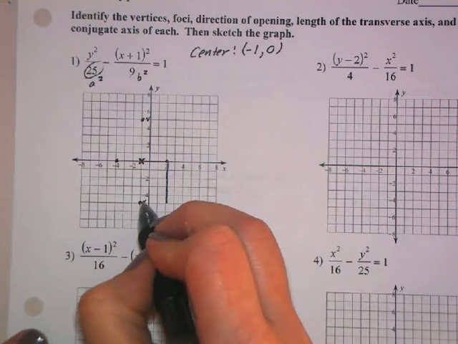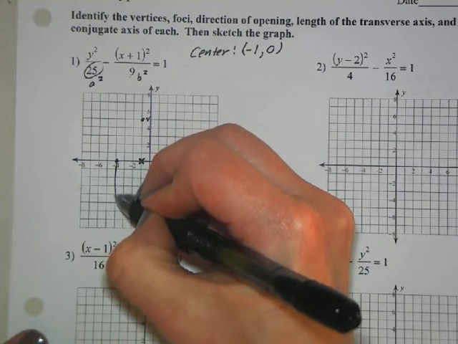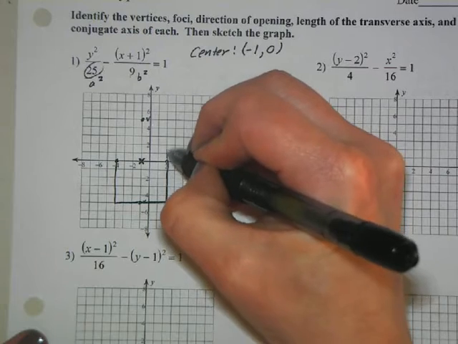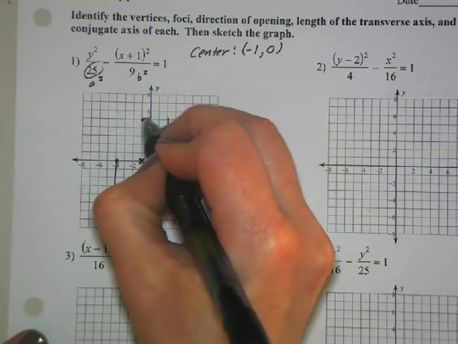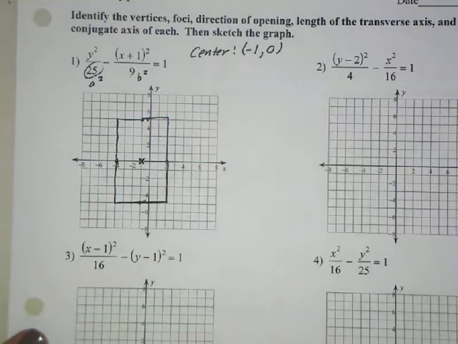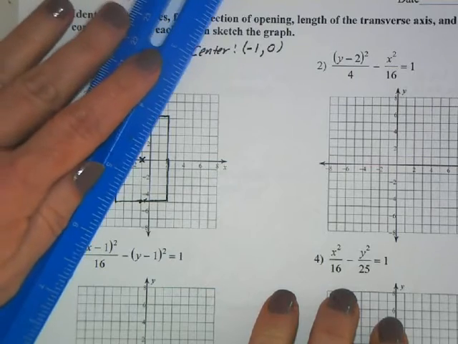They're in the top drawer back there. And after you get your box, make your diagonals.